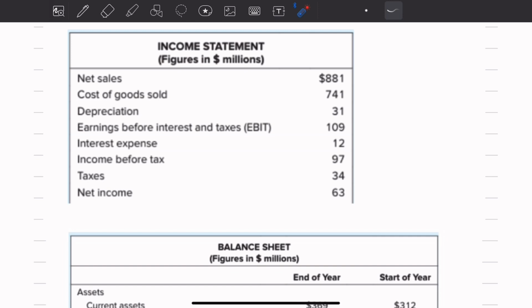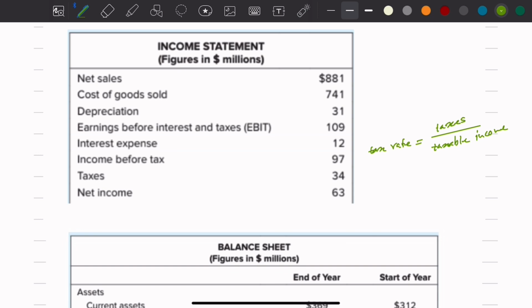From the income statement, we come to the income before tax, which is the taxable income, and as it shows here it's 97 million, and the taxes the company paid are 34 million. So we can simply take these and find the tax rate. Tax rate equals the taxes divided by the taxable income. Taxable income, or the income before tax, it's the same thing.